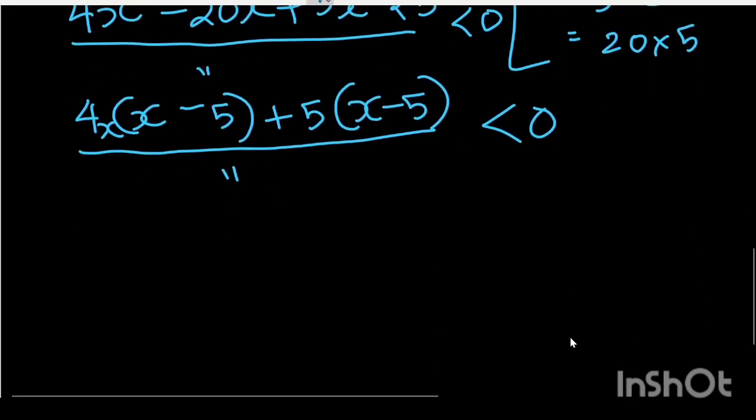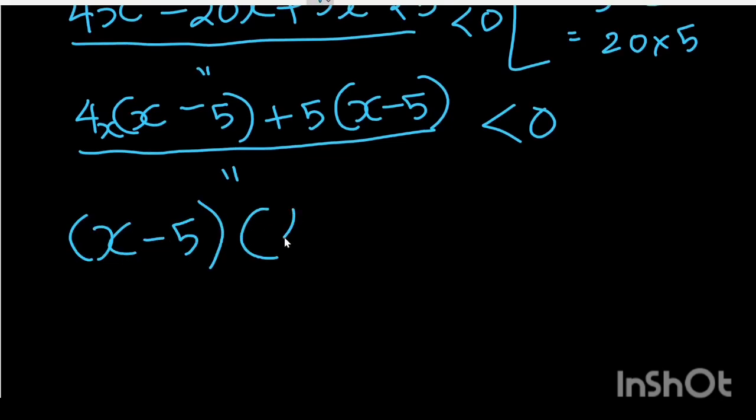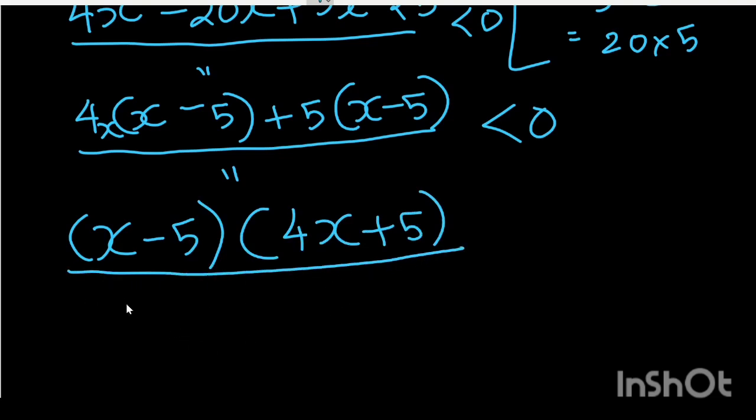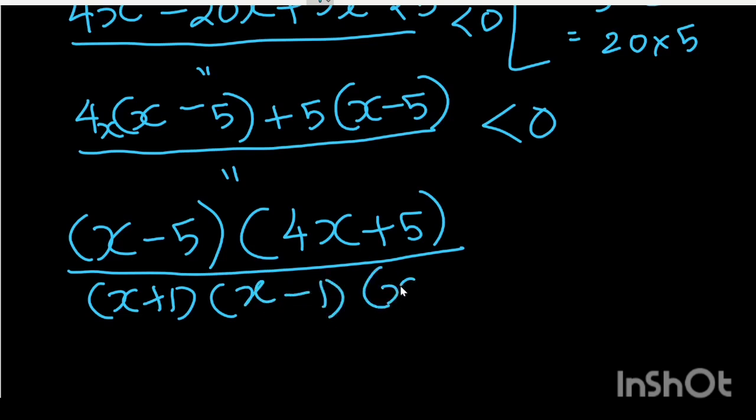So now as you can see, if you take x minus 5 common, inside you would be left with 4x plus 5. And now these two are the zeros. And now I will write the three poles, x plus 1 into x minus 1 into x plus 2.